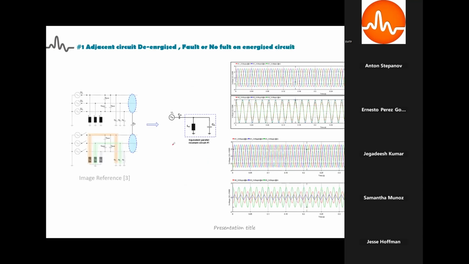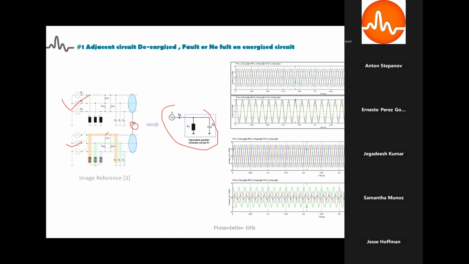There are three major conditions where this can occur. One is when the adjacent circuit is completely de-energized and there is no fault or any other contingency. In this case, we can see the equivalent LC circuit formed by these two double circuits. The top is the energized circuit and this is the de-energized circuit. This L and C will be coupled through this mutual coupling.